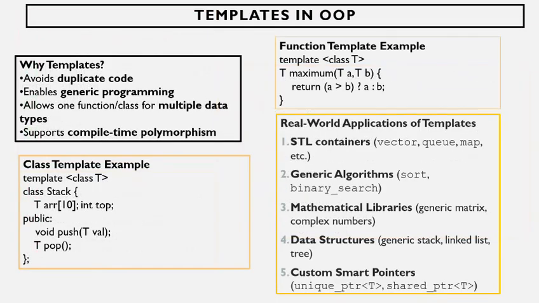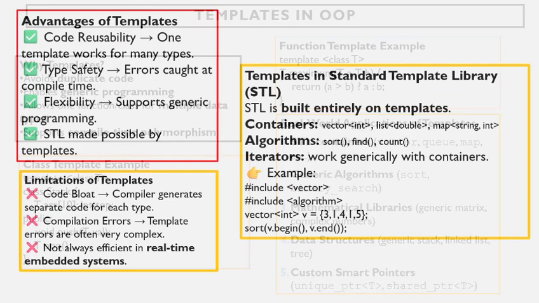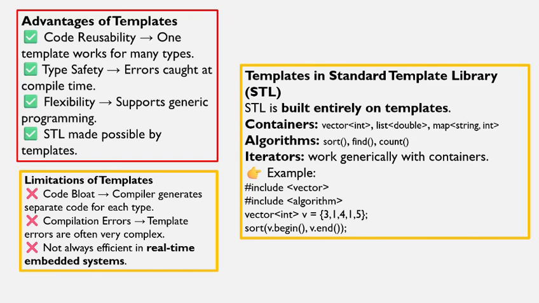The whole process of STL containers is possible due to templates. The limitations of templates are that they generate code bloat, compilation errors are possible, and they are not always efficient in real-time embedded systems.